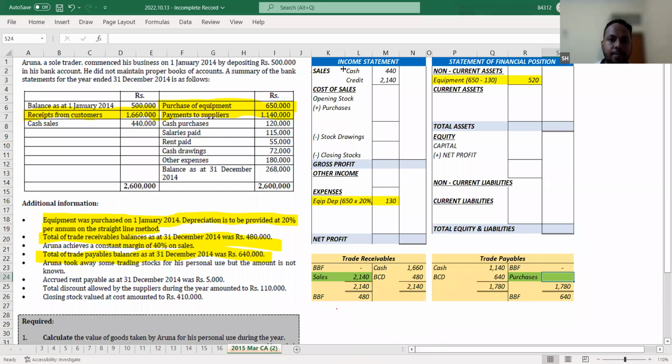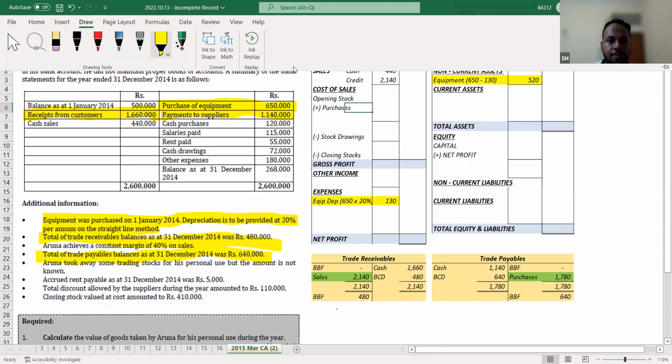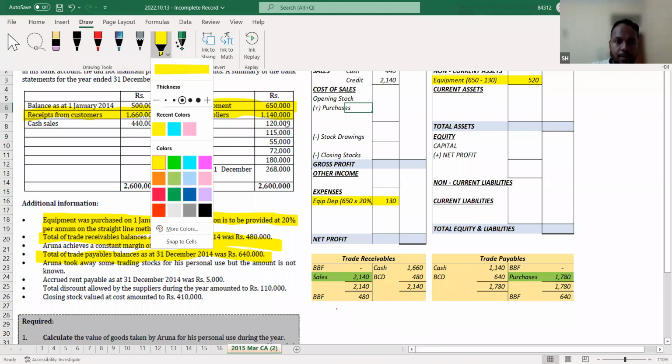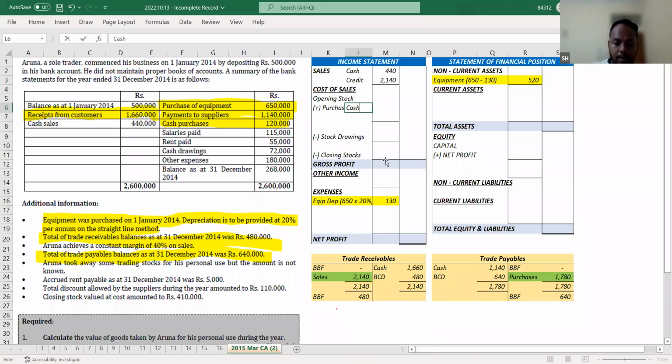Then purchases, there is cash purchases as well as credit purchases. Cash purchases 120. Then credit purchases 1,780.